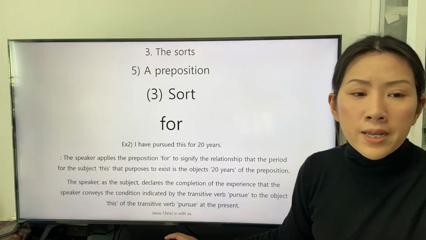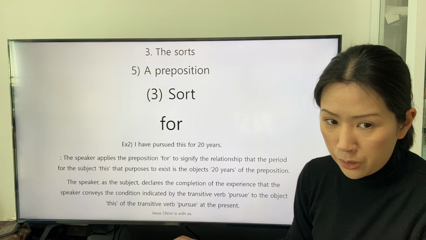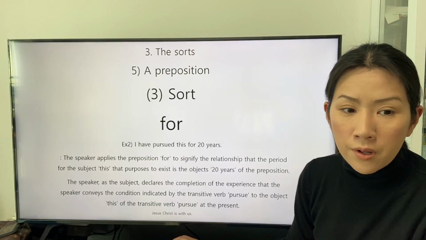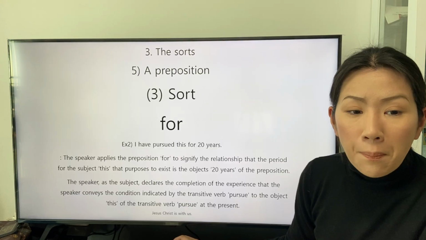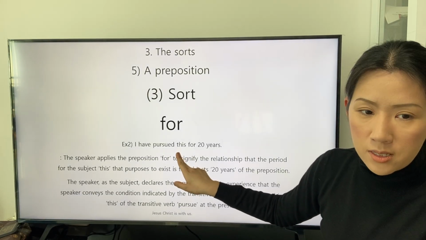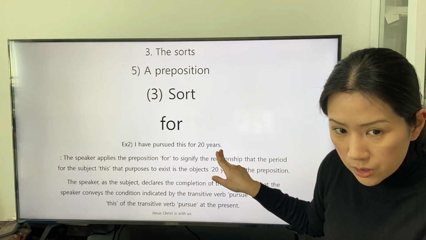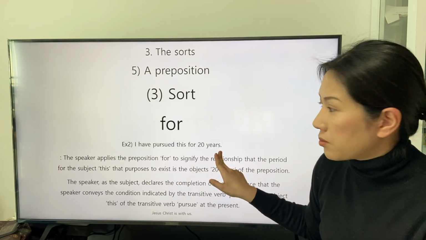The speaker applies the preposition for to signify the relationship, that the period for the subject that proposes to exist is the object 20 years of the preposition.